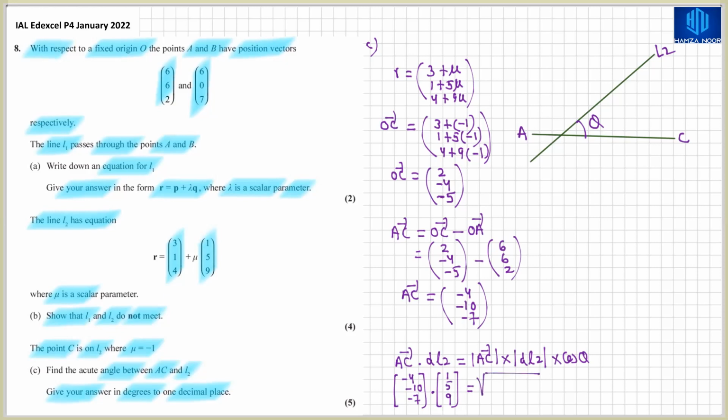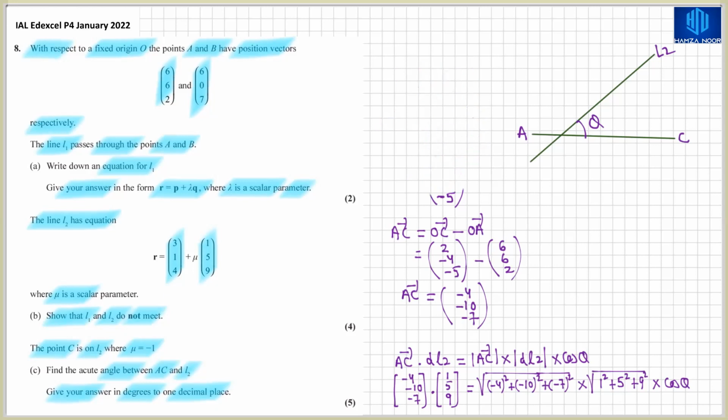So under root of -4 squared plus -10 squared plus -7 squared, multiplied by the magnitude of the direction vector of L2, which will be under root of 1 squared plus 5 squared plus 9 squared, multiplied by cos theta, where theta is the angle between AC and line L2. So I'm going to continue my working on the top.